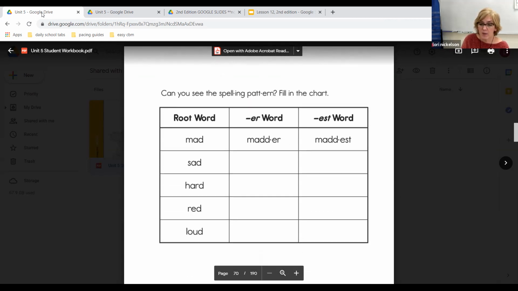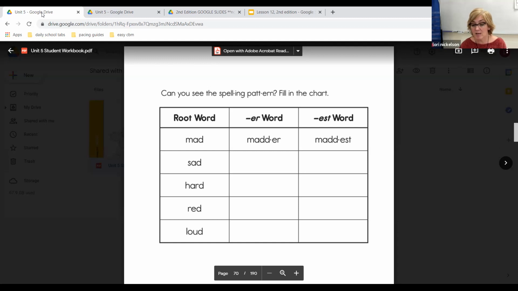Now, look at the spelling pattern here. We've got the root words, we've got the ER word and the EST word. Remember the spelling pattern. If it's a short vowel, double that consonant. So look at sad. Sad, you're going to double that D and add ER to make sadder.